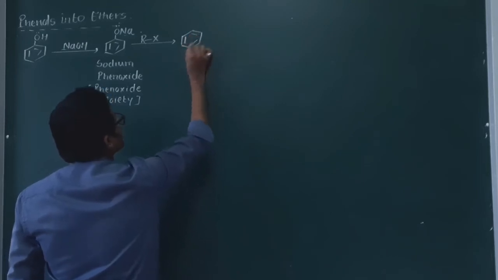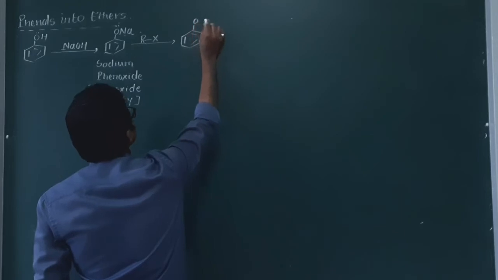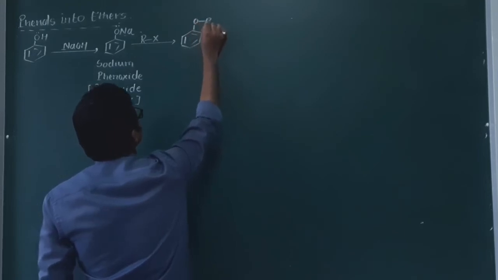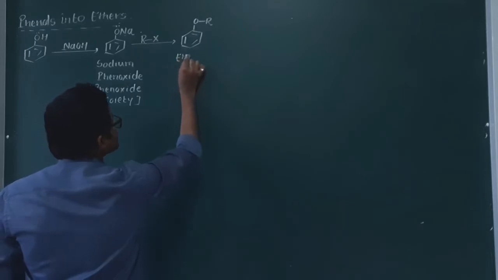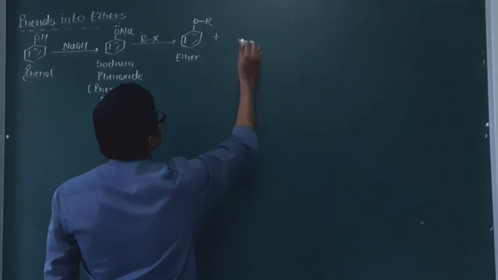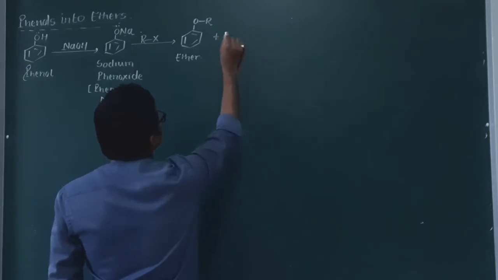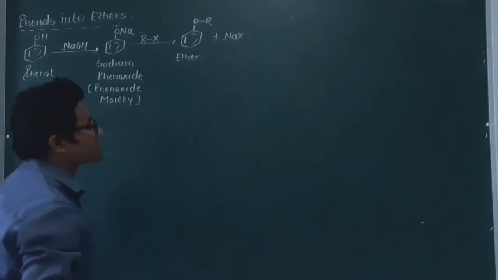So what we have here is the benzene ring with oxygen, and the oxygen gets connected to R. In short, we have got an ether obtained from phenol. This is how the entire reaction is formed. The byproduct here is NaX.